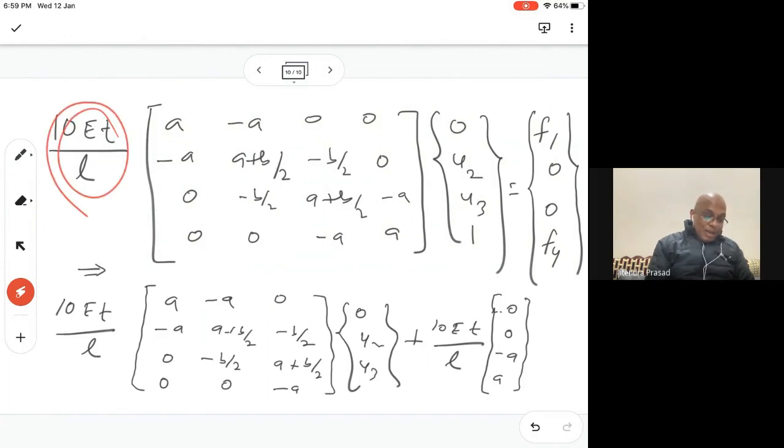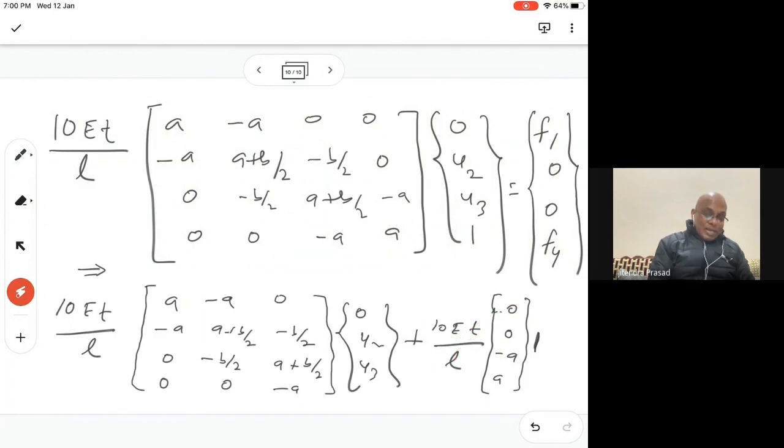So this one I'm keeping it here. Then you have this guy here multiplied by 1, right? This one will be multiplied here, multiplied by 1 here, because why? See, this multiplied by this is nothing but this multiplied by this plus this multiplied by that, right?